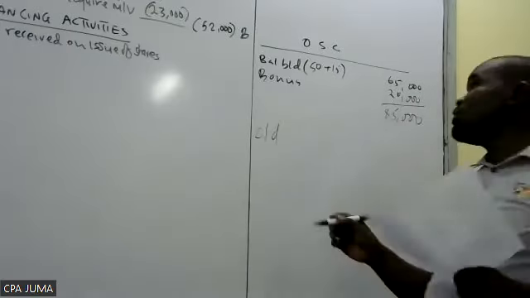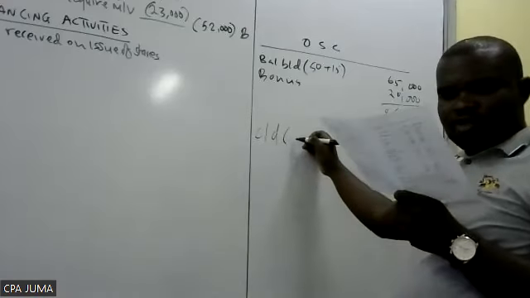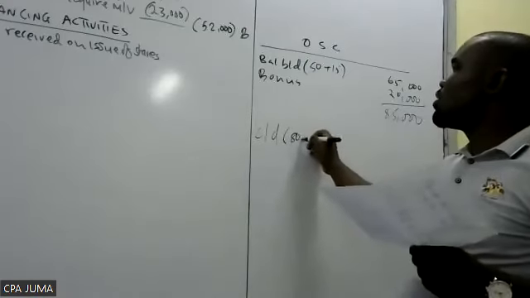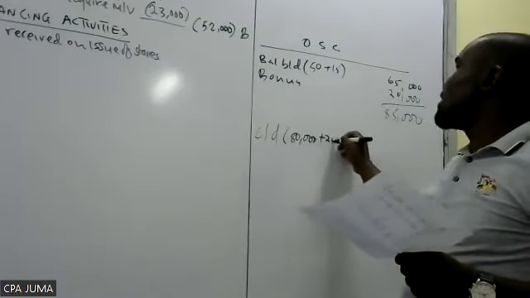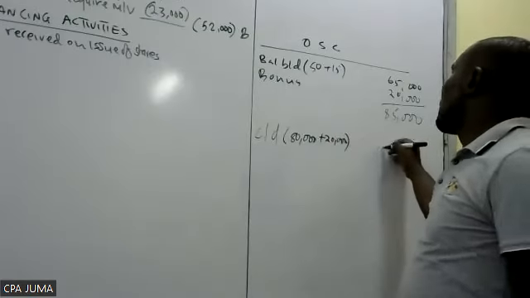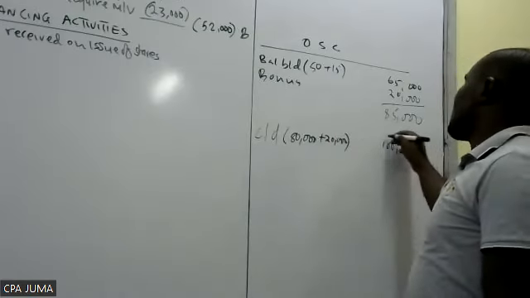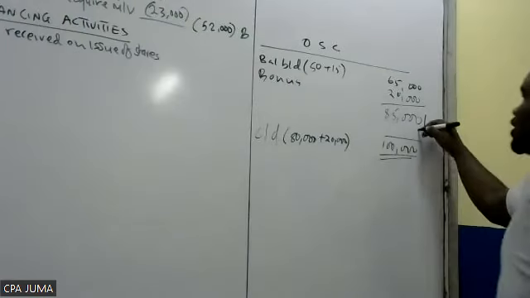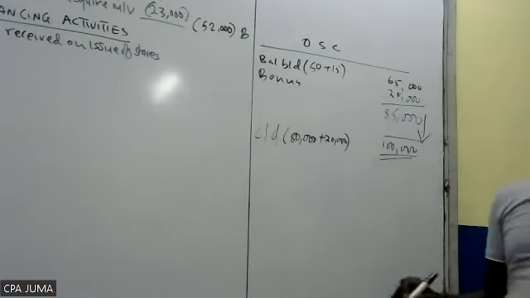So check closing. Closing is what plus what? 80 plus 20, that is 100. It has gone up, eh? So that increase is what they issued.